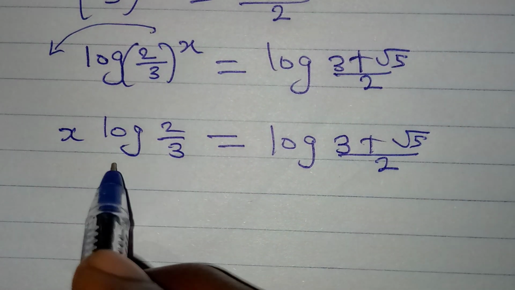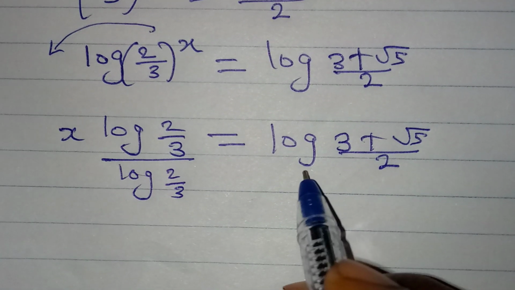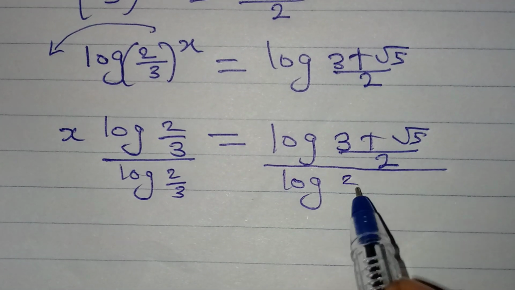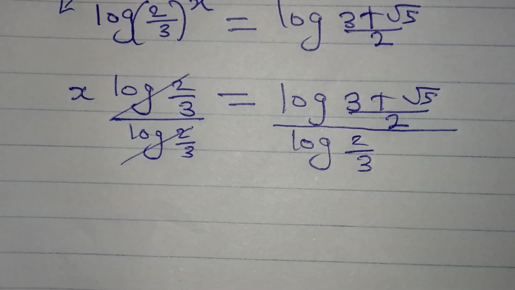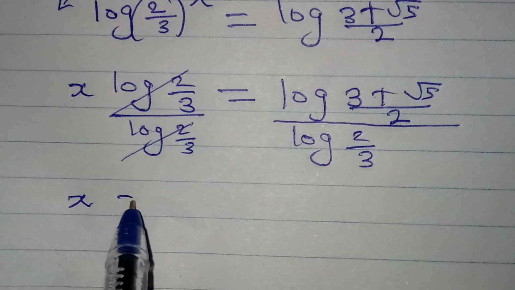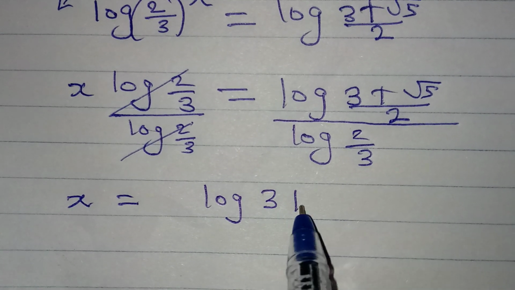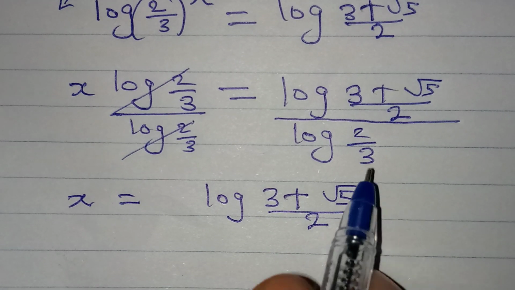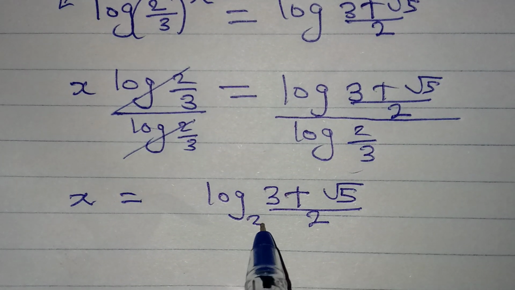The next thing is to divide both sides by log(2/3). So I will divide this by log(2/3) as well, right? This and this will cancel. So we have x equal to log of (3 plus square root of 5)/2 over log(2/3). And now because of this, we can write 2/3 as the base.